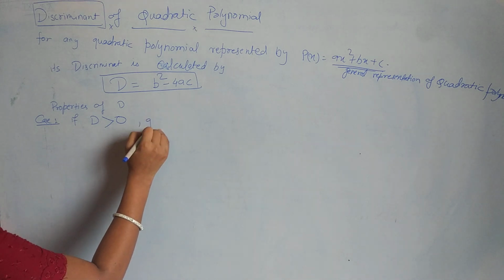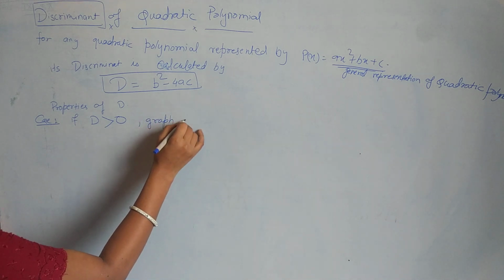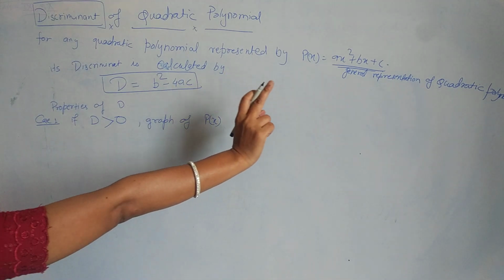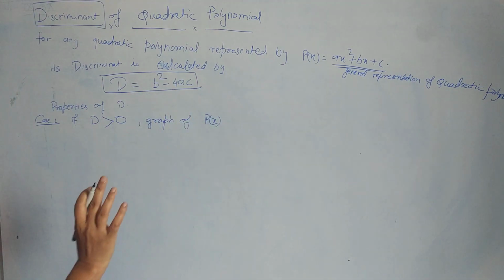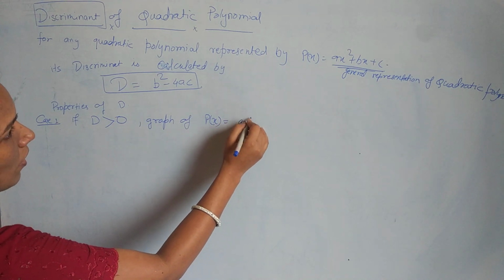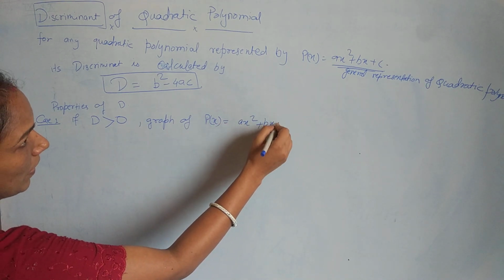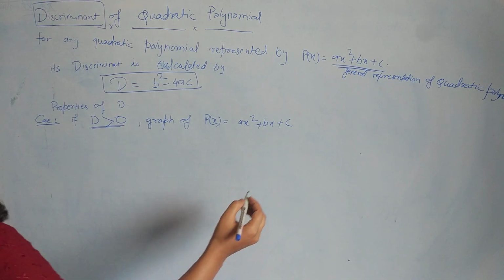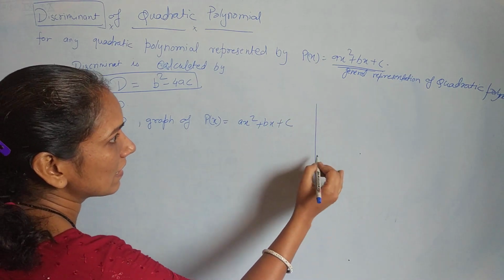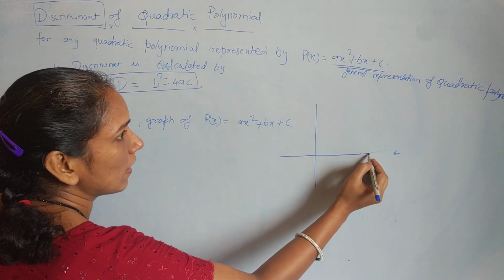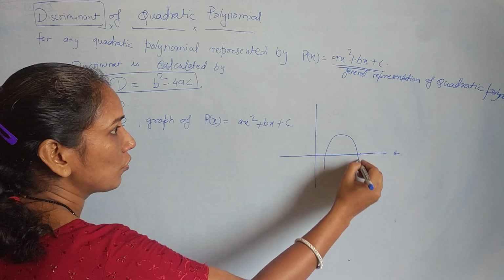Then graph of P of x, obviously if it is a quadratic, will be a parabola. But what about the parabola? If D is greater than 0, the parabola will intersect exactly 2 points.